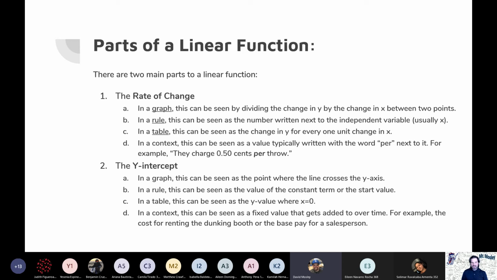What questions do you have about these two items, the rate of change and the y-intercept? Okay. Can you raise your hand if you need a little bit more time on the screen to write anything down?